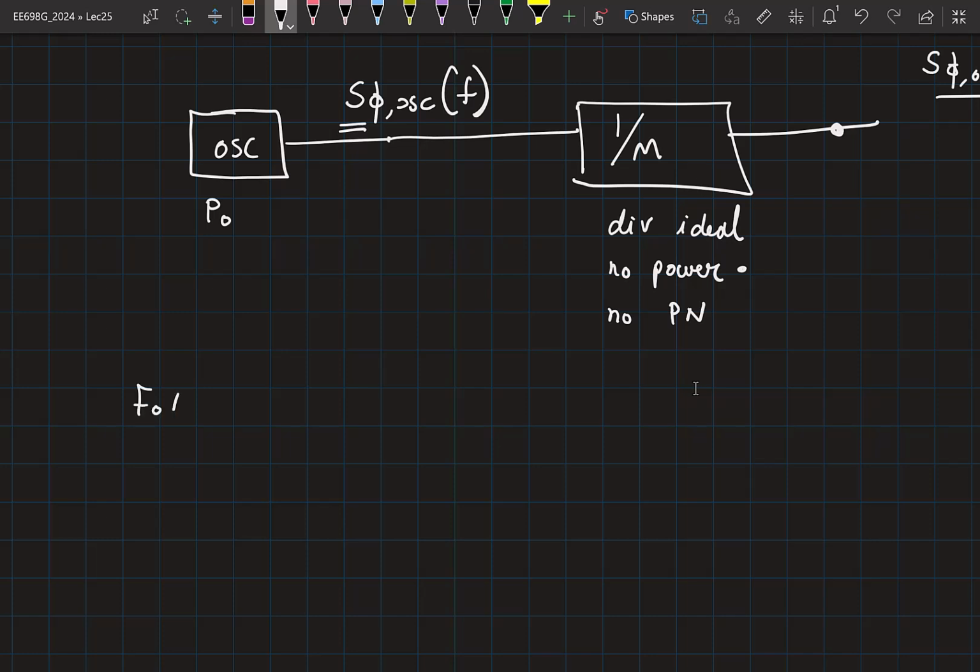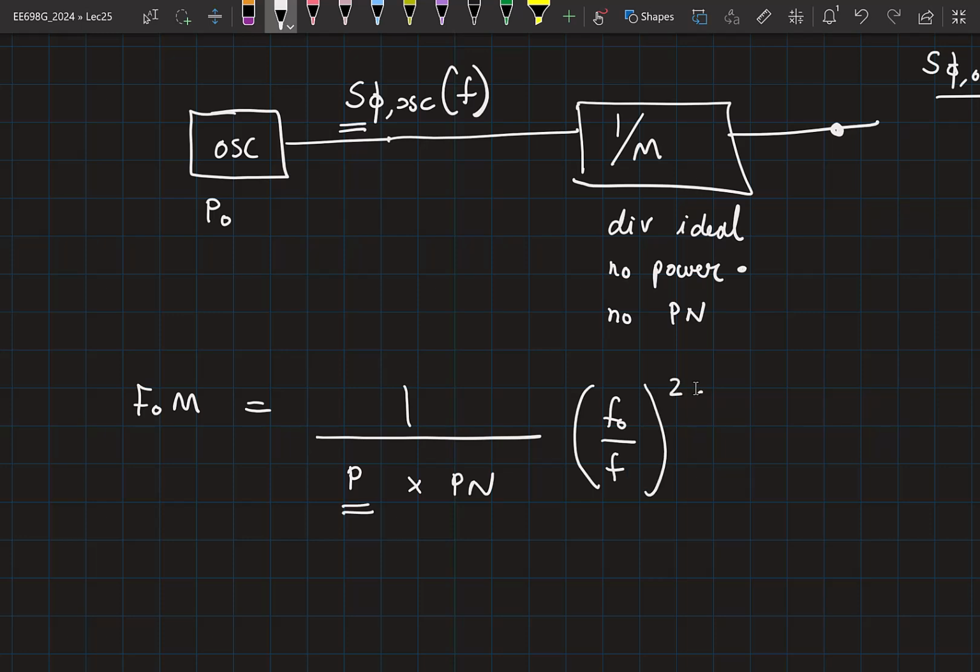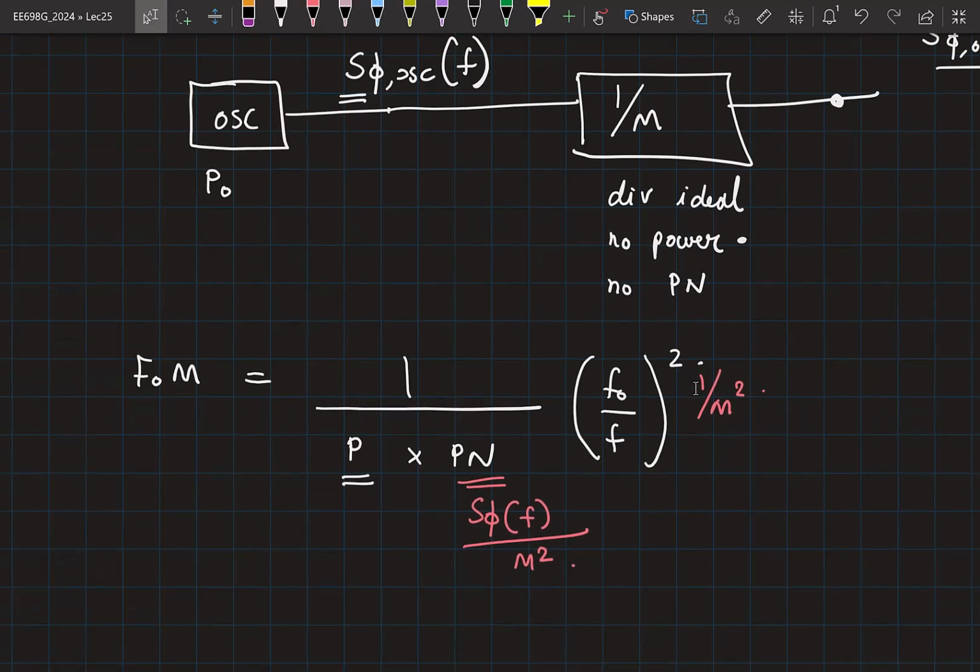So the expression for the FOM is 1 by power into phase noise into f naught by f the whole square. Power remains the same because we are considering only the oscillator power. Phase noise has become whatever was the earlier phase noise divided by m square. The frequency has also come down by m, so you have a 1 by m square factor here. So there is no benefit in terms of FOM.